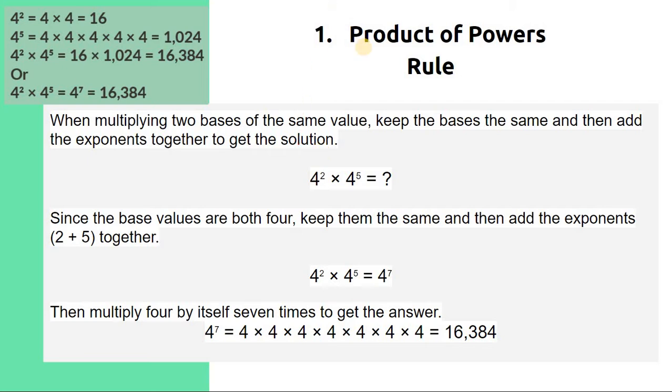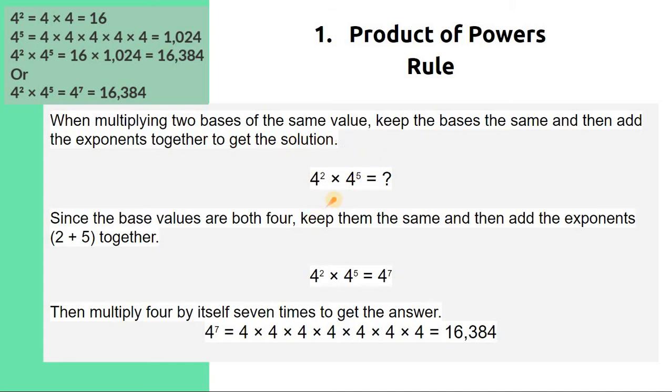Number 1 is the product of powers rule. By the term itself, product, you are talking about multiplication as an operation. When multiplying two bases of the same value, keep the bases the same, so retain the base, and then add the exponents together to get the solution.